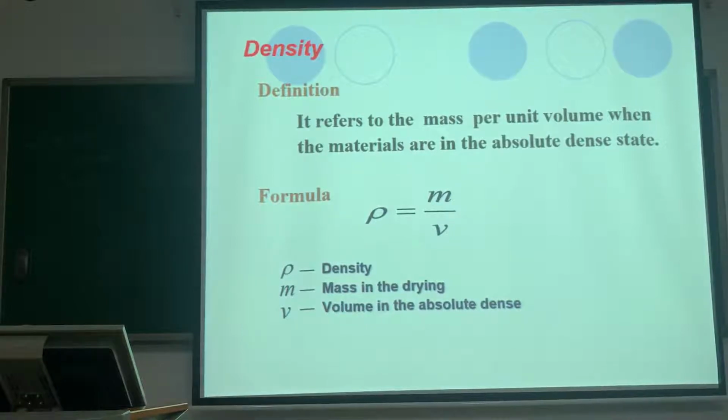What is the absolute dense state? It's just a kind of ideal state. It does not really exist in nature. For example, wood is not in the absolute dense state, and rock is also not.